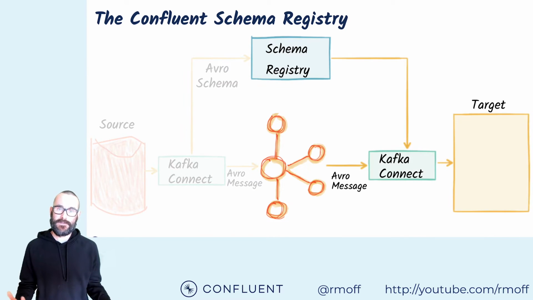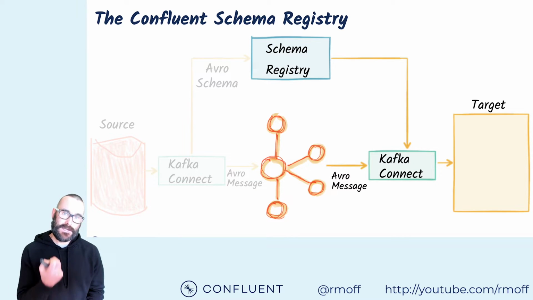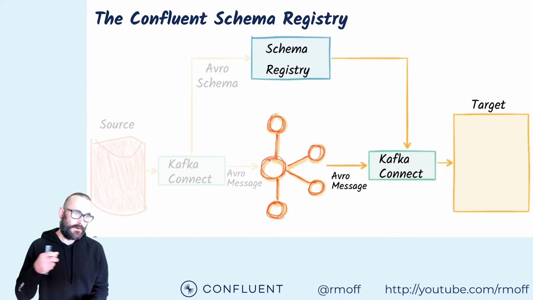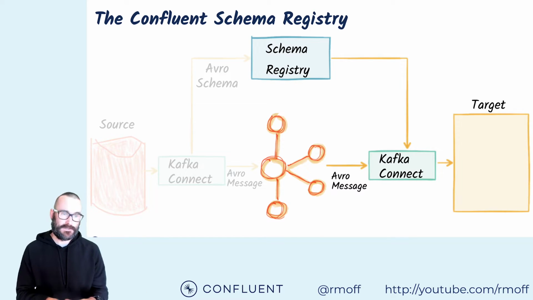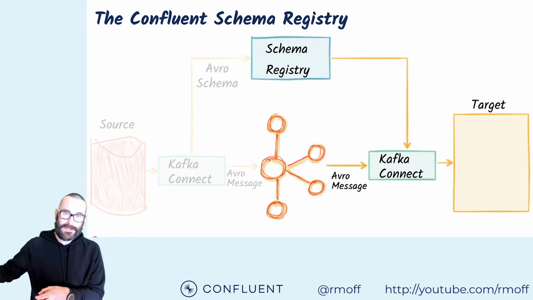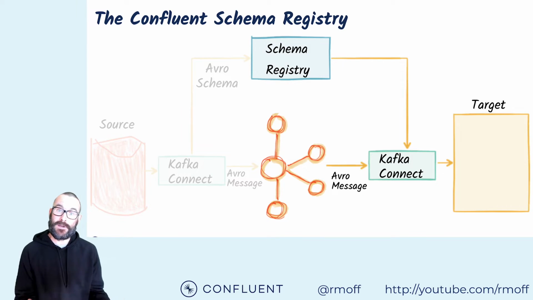And since the schema is available separately, it means that any consumer of that data, whether it's Kafka Connect as shown here, or your own consuming application that you're writing, or something like KSQLDB, can fetch that schema from the schema registry and deserialize the data. So if we're writing the data down to a database, because we've got the schema, we can go and build that table automatically from that connector. We don't have to do it manually and find out the schema manually because we have it already from the schema registry. So the converters are a very, very important part of it.